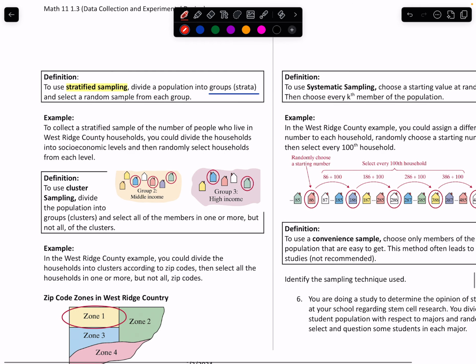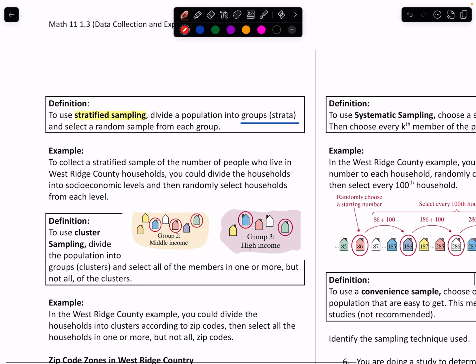Again, we might say group 2 is our middle income, group 3 is our high income, and we separate all those houses, and then we roll a random generator, and these were the 3 houses we selected from that group. From group 3, we had 2 random ones.